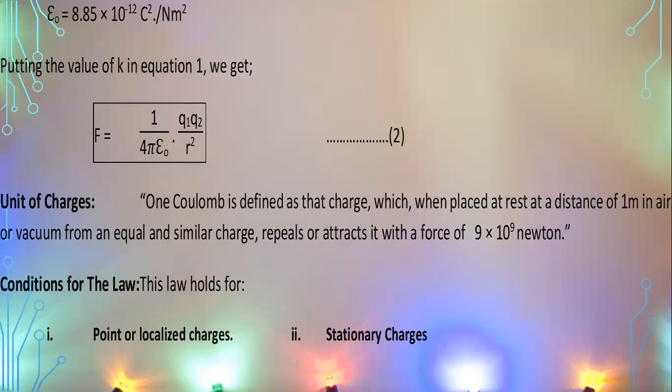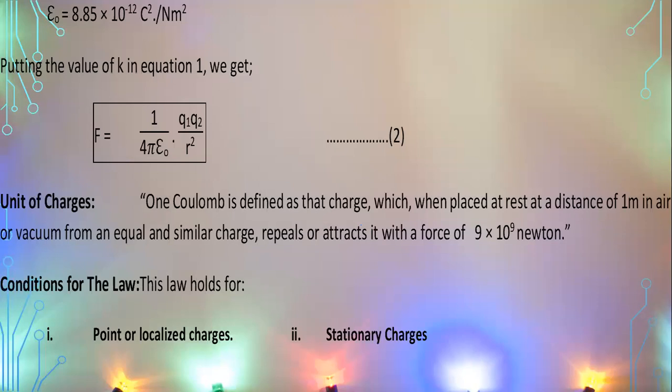When the permittivity of free space, the charges, and the distance between the charges are given, we can calculate the force acting between the two charges. On the basis of the same equation, we defined the unit of charge. Then we discussed at the end the conditions for the law.